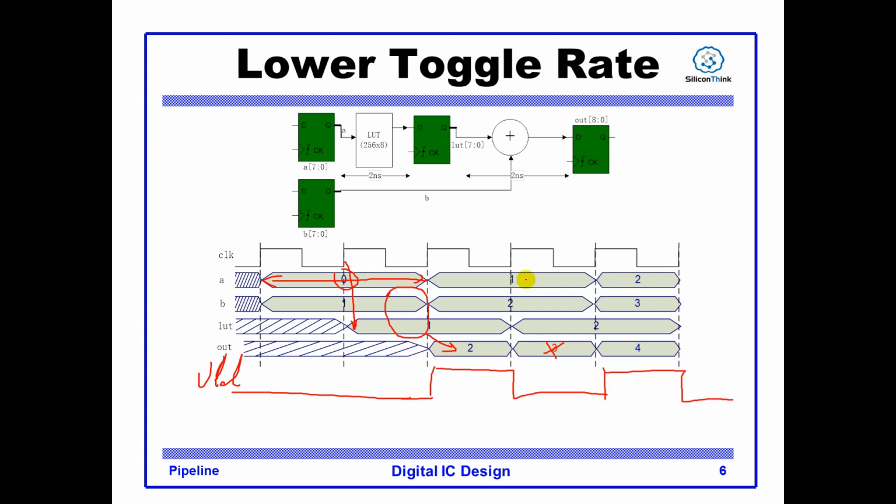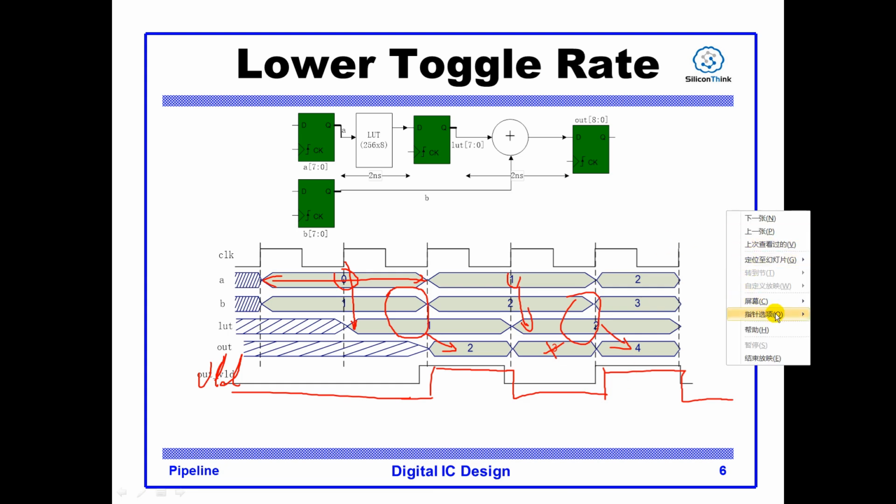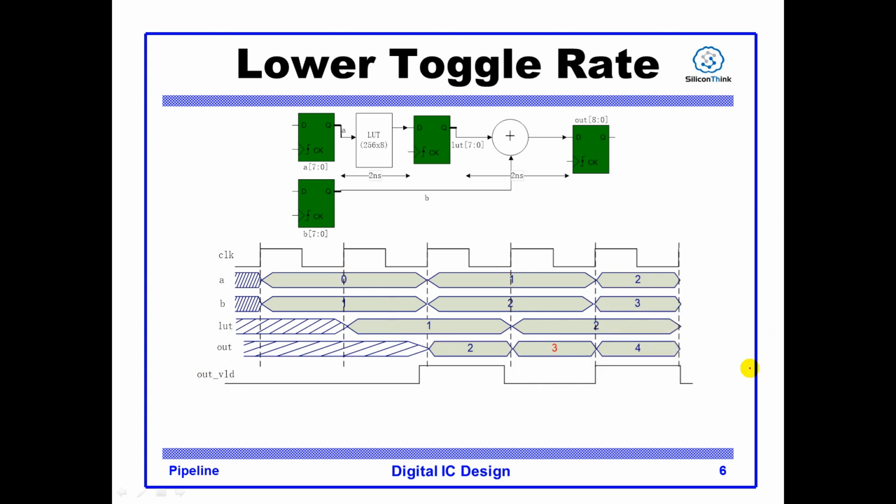Then the input 1, 2, 1. Then we get the LUT value, then add together yields 4. But by doing this, you have decreased the efficiency to 50%.